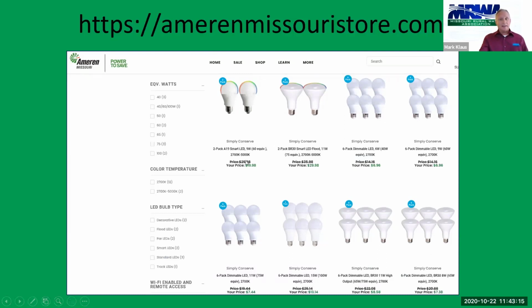They're selling light bulbs for a little bit over $1, and they have sales all the time. A 6-pack of dimmable LED 6-watt bulbs, which are 40-watt equivalent, is a little bit over $6. If you spend enough, the shipping is free. They only allow you to buy a certain number of bulbs or packs per year.